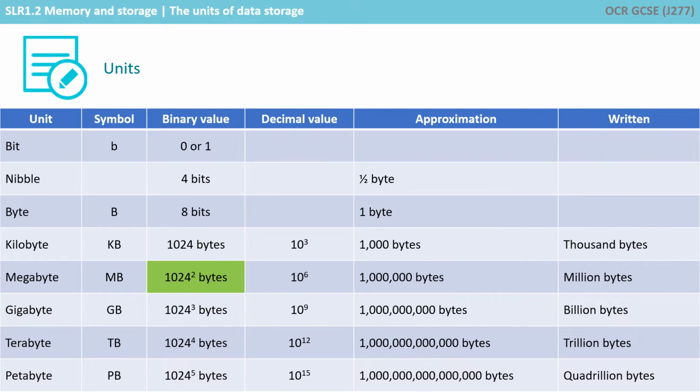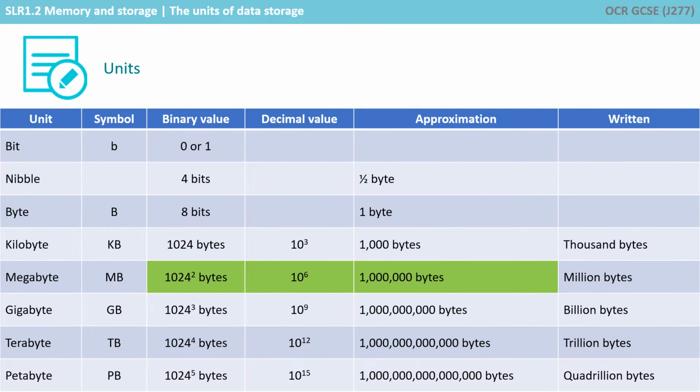Or expressed another way, 1024 to the power 2, which is 1,048,576 bytes. We're also able to express these as decimal values, calculated by powers of 10. For example, a megabyte is 10 to the power 6, or 1 million bytes. It is fine for GCSE to be using these decimal approximations.